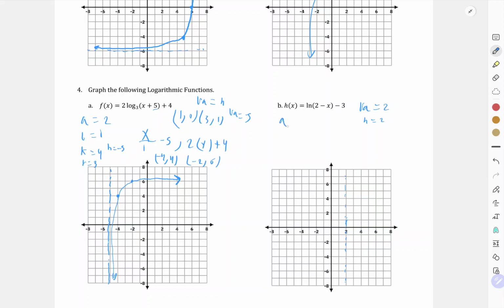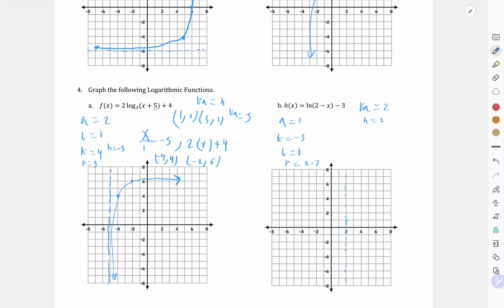Alright, so our A value is 1 and our K value is negative 3. And our B value is 1. And our R value, what is our R? You could say our R value is like 2.7 because that's E in it.